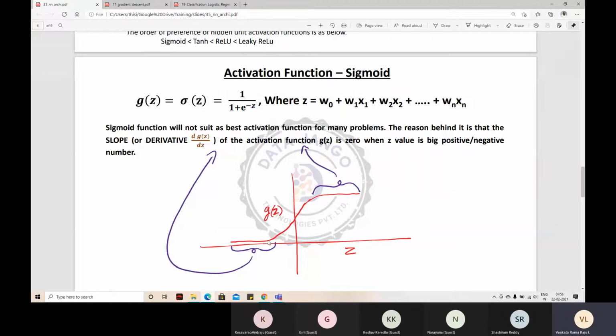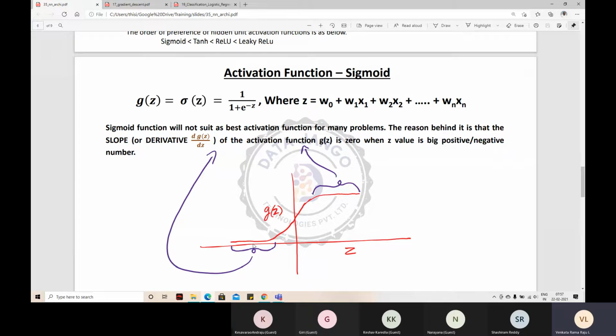So when the z value is too small or too big, two places, it's going to have this problem of the derivative becoming zero. Got it? How will the derivative become zero if the values are too high? Derivative is nothing but slope, right? The slope of this line is zero.